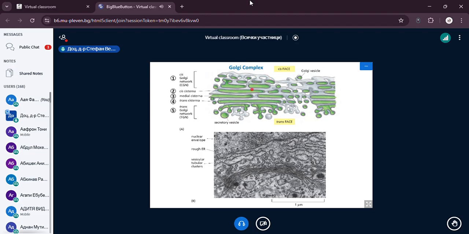Then we have 1 or 2 flattened cisterns, which are the cisterns of the Golgi apparatus dictyosome. And then in the human dictyosomes, usually in the middle there is a single medial cisterna, and then again one or two trans cisternae, and then the concave zone of the dictyosome from where these large vacuoles are budding is called trans-Golgi network.